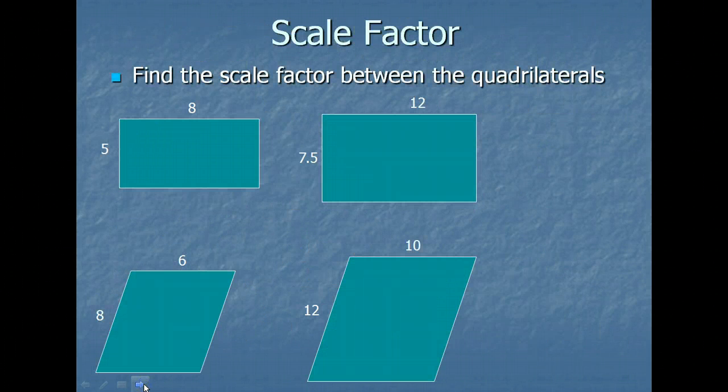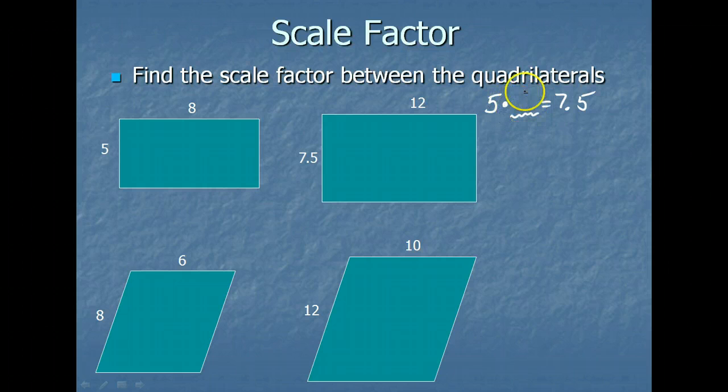The last thing we need to talk about for similar shapes is scale factor. To find the scale factor between the two shapes, I need to find out what number 5 is being multiplied by to get 7.5, and what number 8 is being multiplied to get 12 for an answer. So I need to think of it this way. 5 times something is going to give me 7.5 for an answer.